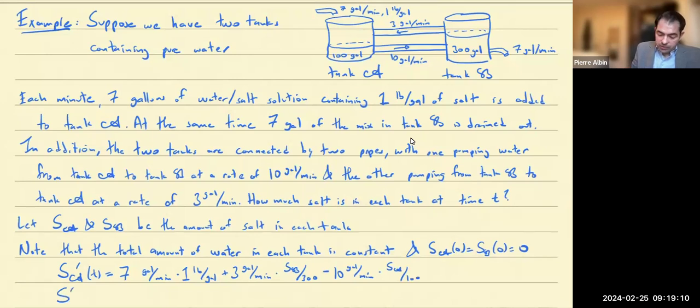And similarly, the change in the amount of salt in tank B, we have 10 gallons per minute flowing from tank A, so that's 10 gallons per minute times S_A divided by 100, minus 3 gallons per minute times S_B divided by 300, and then finally minus 7 gallons per minute times S_B divided by 300.